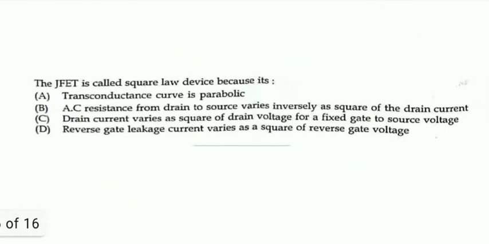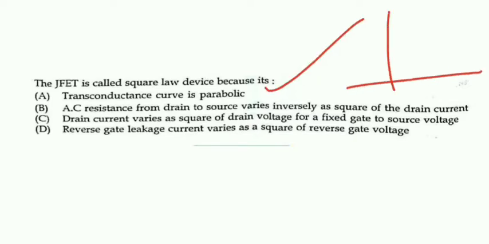Next one, the JFET is called square law device. We know that JFET is a square law device because the transconductance curve is parabolic. So it will be like here, it will go, and here in this region it follows square law, right?